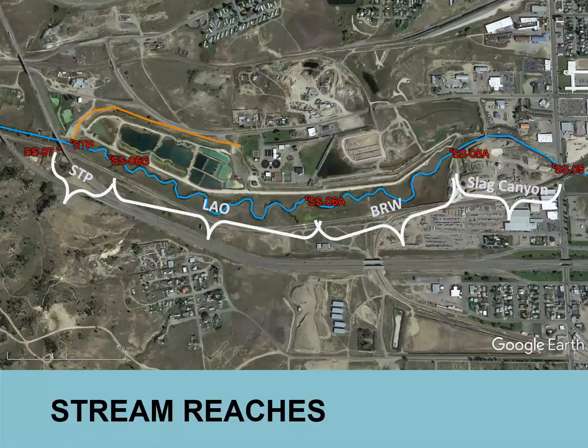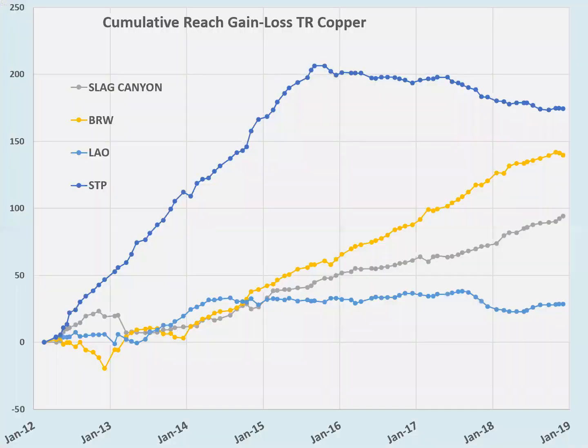So now we're going to go back. Now we're looking at some different reaches. So we've got the Slag Canyon reach, the Butte Reduction Works reach, Lower Area 1 reach, and the Sewage Treatment Plant reach. So here's our monthly synoptics, and this is the cumulative reach gain loss of total recoverable copper.